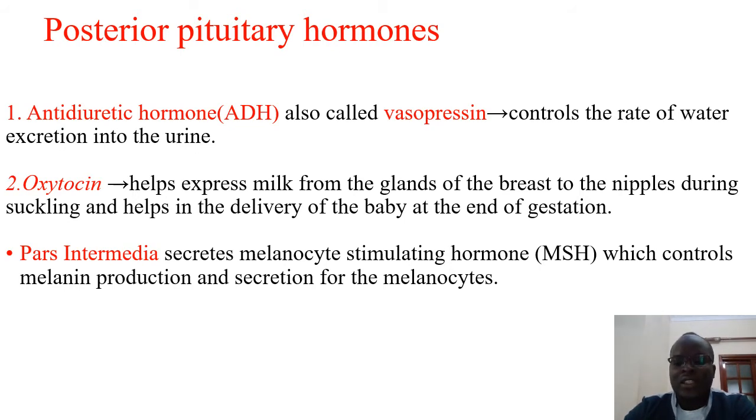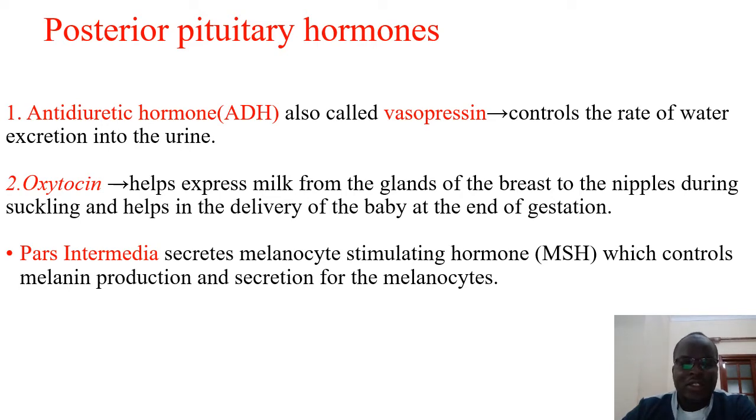So the MSH is produced by cells in the pars intermedia, in between the anterior and the posterior pituitary gland. It goes and stimulates the melanocytes to produce and release melanin so that we have skin color. The melanin giving you the skin color is due to the production of melanin by the melanocytes, which needs to be stimulated by the melanocyte stimulating hormone.